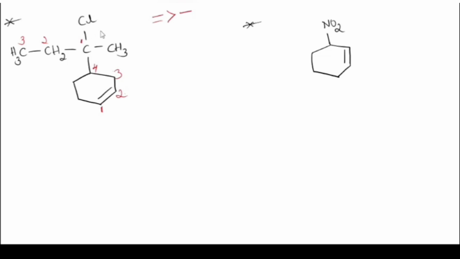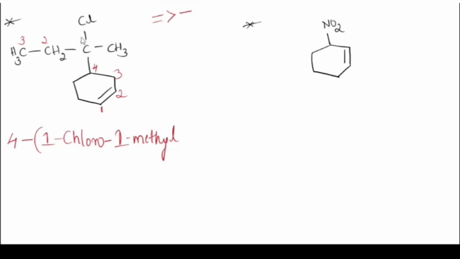At the 1 position, chlorine is attached and a methyl group is attached, and here propane is there. We have to name it as at the 4th position, 4 hyphen we have to write. And since we are naming this whole group, we have to open the parenthesis over here, and here 1 chloro is there, correct? That's why 1, and sorry, C should be caps over here. Here chloro. Then again at 1 position methyl is there, again hyphen 1 methyl.